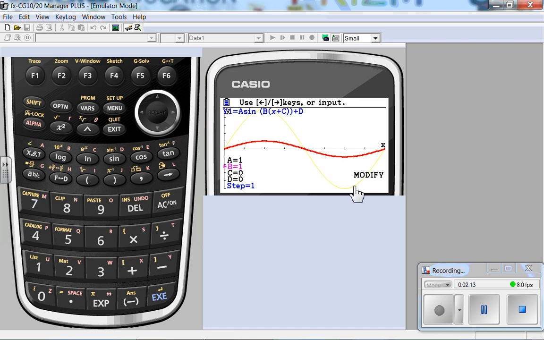All right, now let's take a look at B. Start increasing B. Oh, look at that. Twice as many waves. Looks like 3 times as many waves. 4 times as many waves. 5 times. 6 times, because here's 1, 2, 3, 4, 5, 6 times the waves.